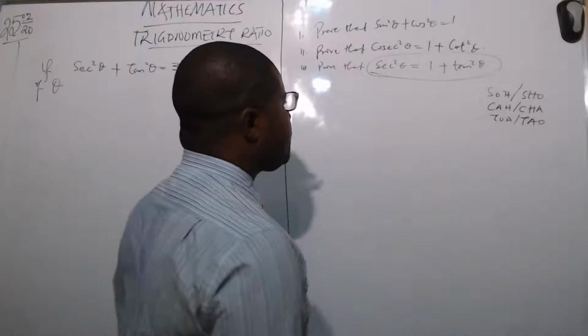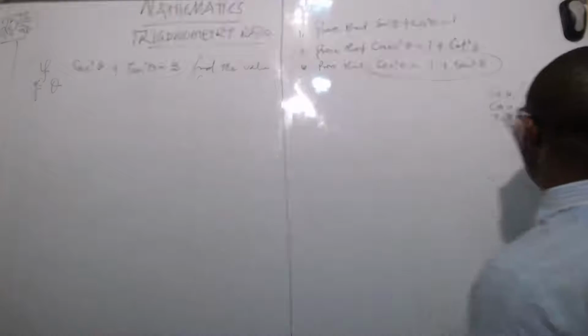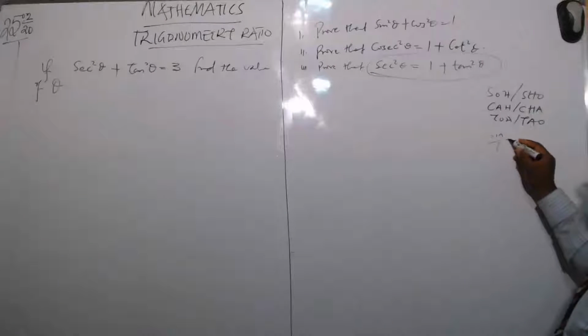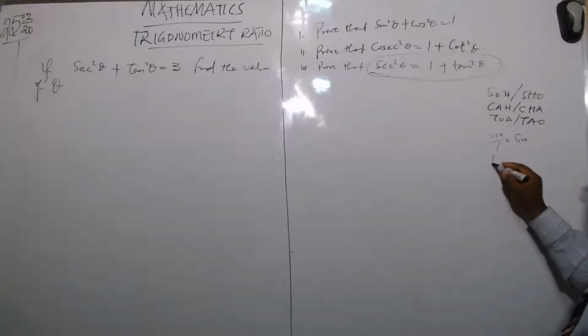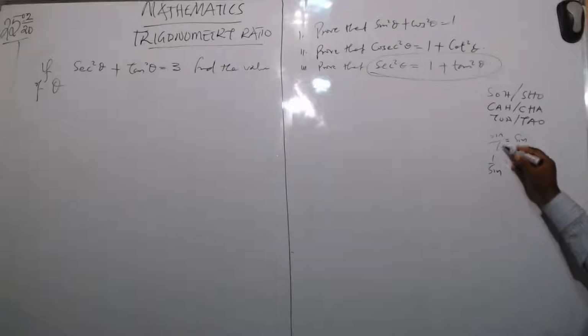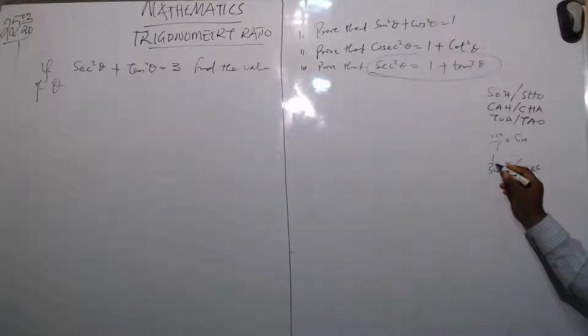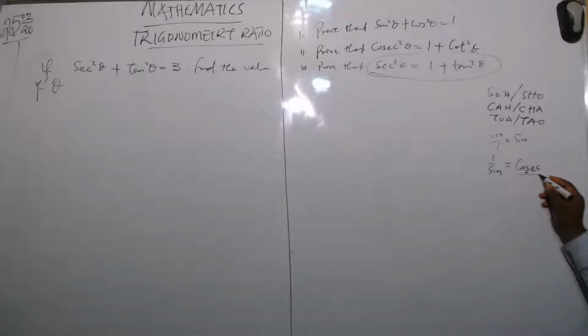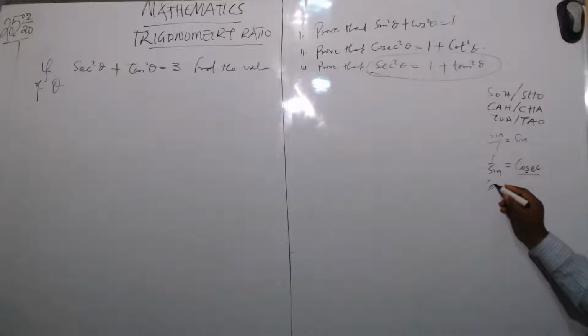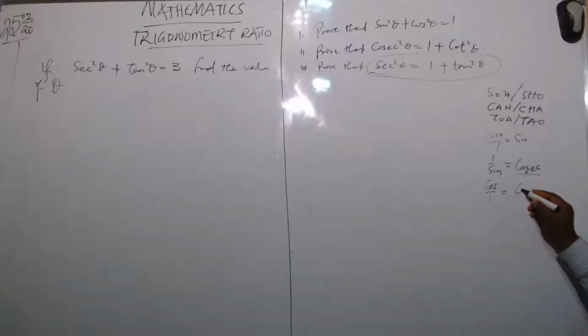Now here we have sine over 1 is equal to sine. 1 over sine is the inverse of this, so we are going to have cosec. The third letter there signifies 1 over sine. Cos over 1 equals cos.